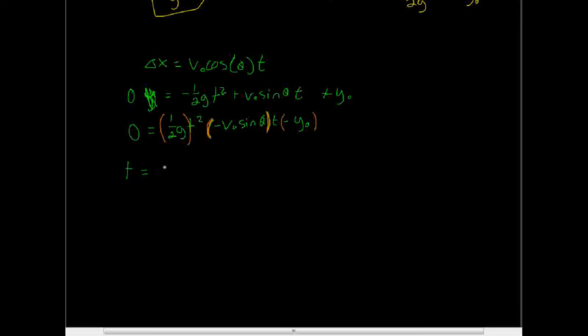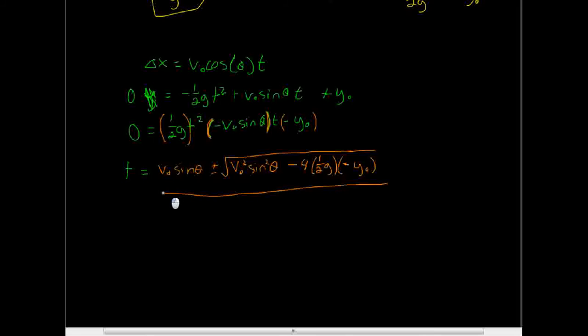So t equals -b, so that's going to be positive v naught sine theta plus or minus the square root of b squared, because remember a negative times a negative is going to be positive, so this will be positive, v naught squared sine squared theta minus 4 times a, 1/2 g, times c, negative y naught.